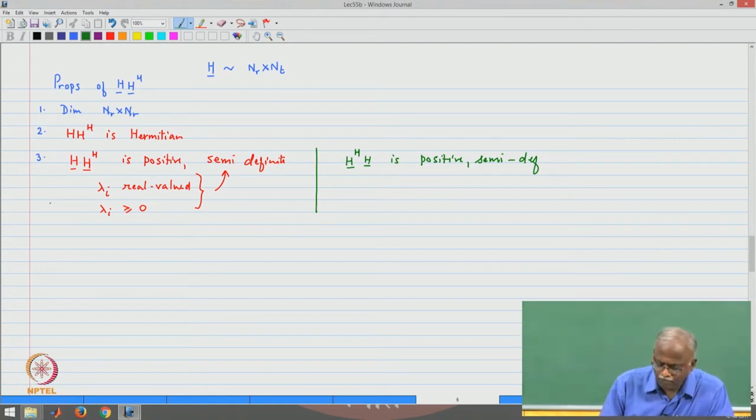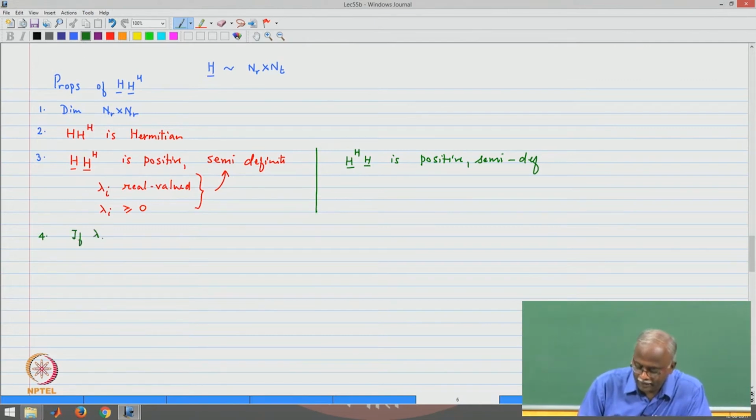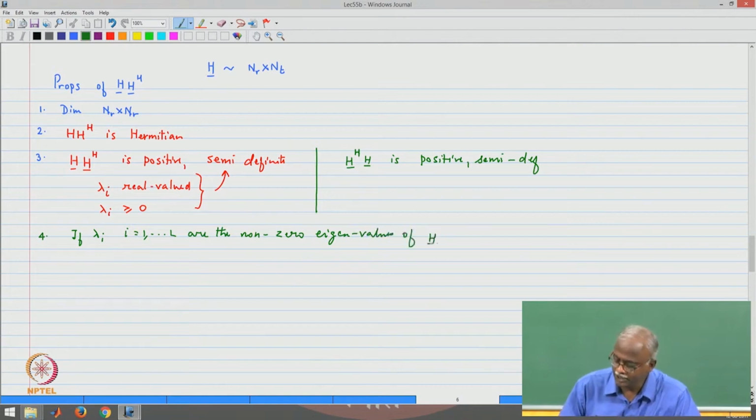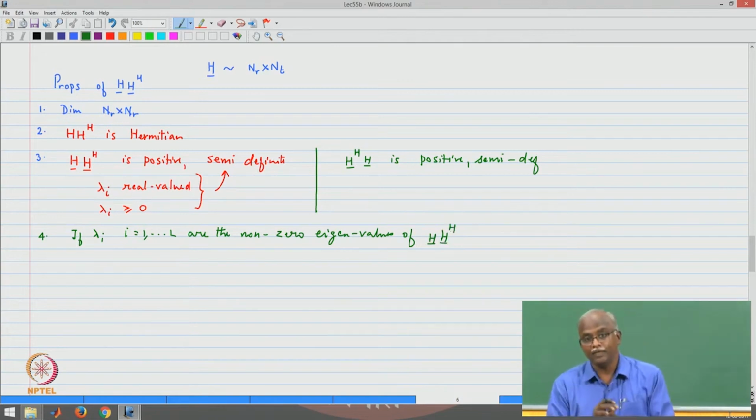So, another important observation which is helpful for us to note is that if lambda i, for i equal to 1 through L, are the non-zero eigenvalues of H H Hermitian, okay, now what does this mean?